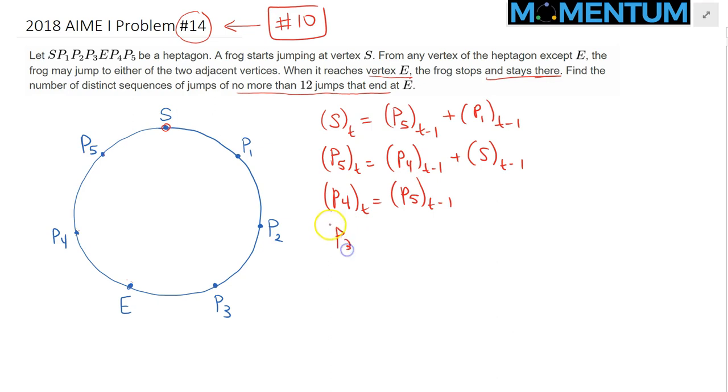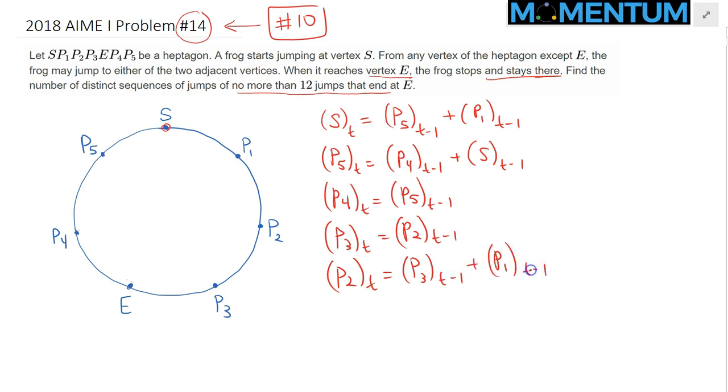The same thing happens for P3: only when in the previous step you were in P2. For P2, in the previous step you were either in P3 or in P1. And finally, if you want to end up in P1 at time t, in the previous step you had to be either in S or at P2, and that's it.